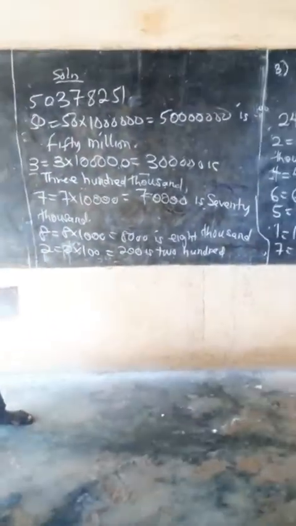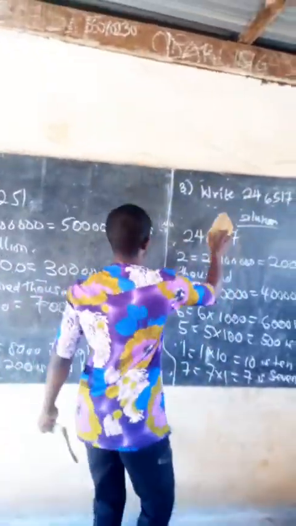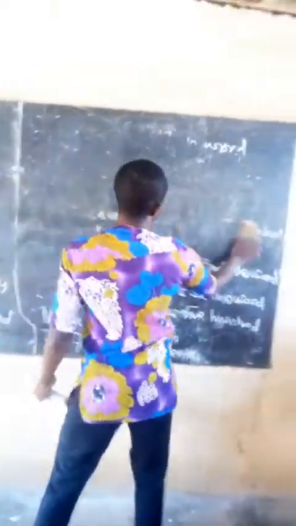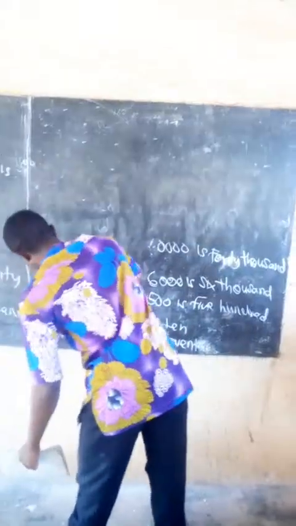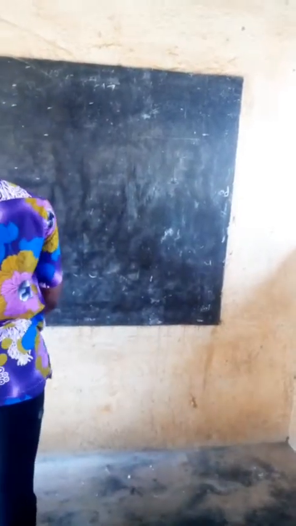From 200 we move to 10. 5 will fall in 10.